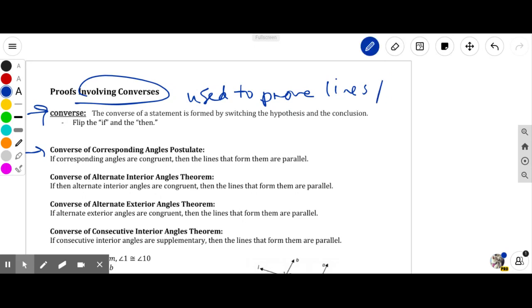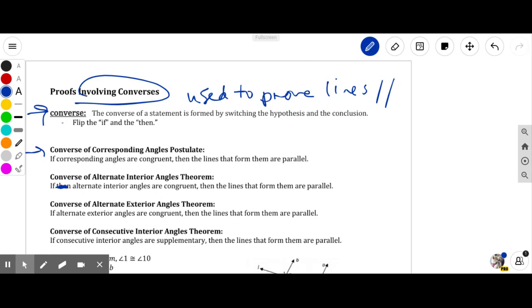I have the converse of the alternate interior angles theorem. If I have a pair of, oh man, I really messed this up. If alternate interior angles are congruent, then the lines that form them are parallel. Same thing with alternate exterior and with consecutive interior.